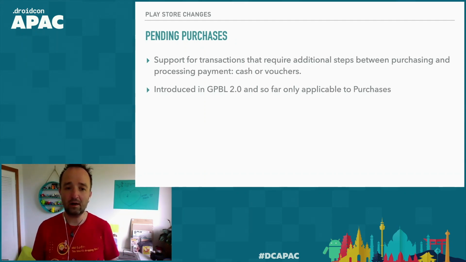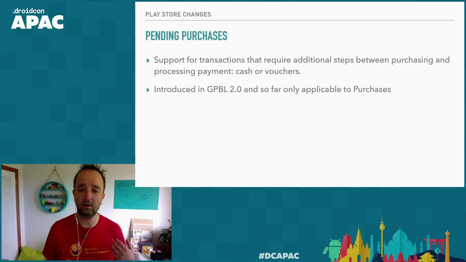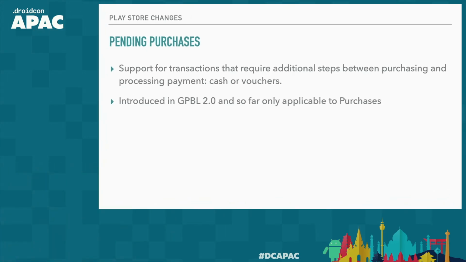And so far, it's only applicable to purchases. So for subscriptions, that is not a problem or a scenario you have to deal with at all. But for those one-off purchases, that could be something you're actually looking at some stage.